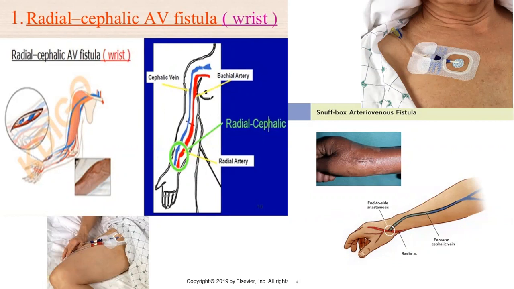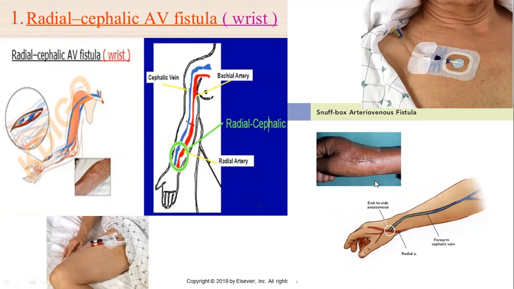In that case, we go for a temporary pathway, a catheter in the subclavian artery or a catheter in the femoral artery. So a subclavian or femoral catheter is a temporary process, for the 6 weeks the patient has to wait for the fistula to mature.